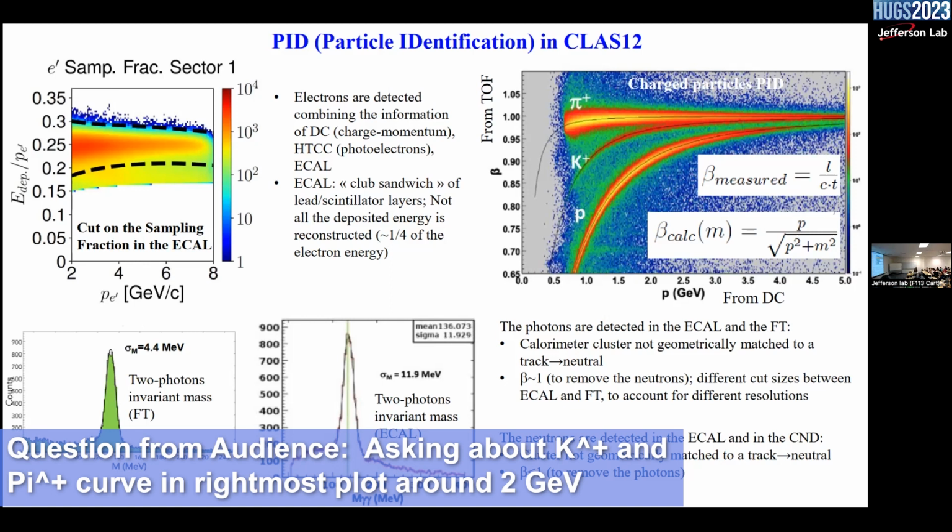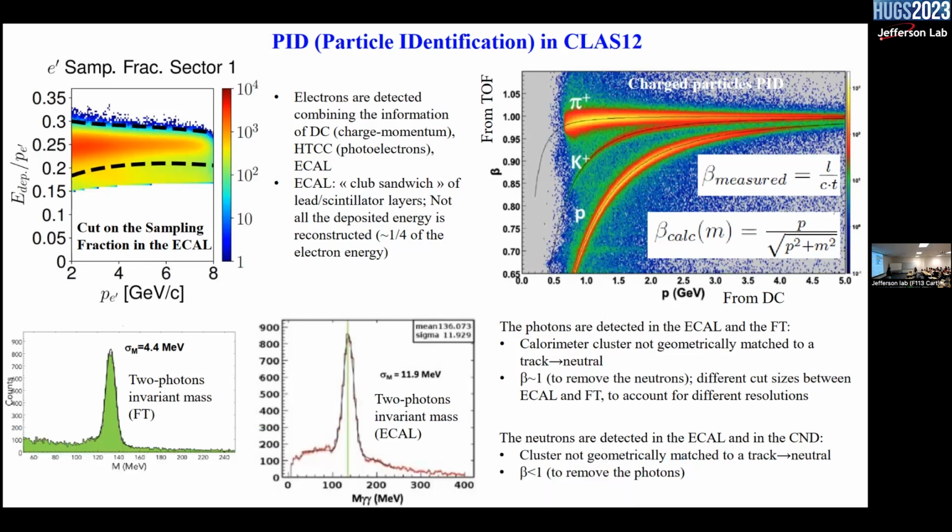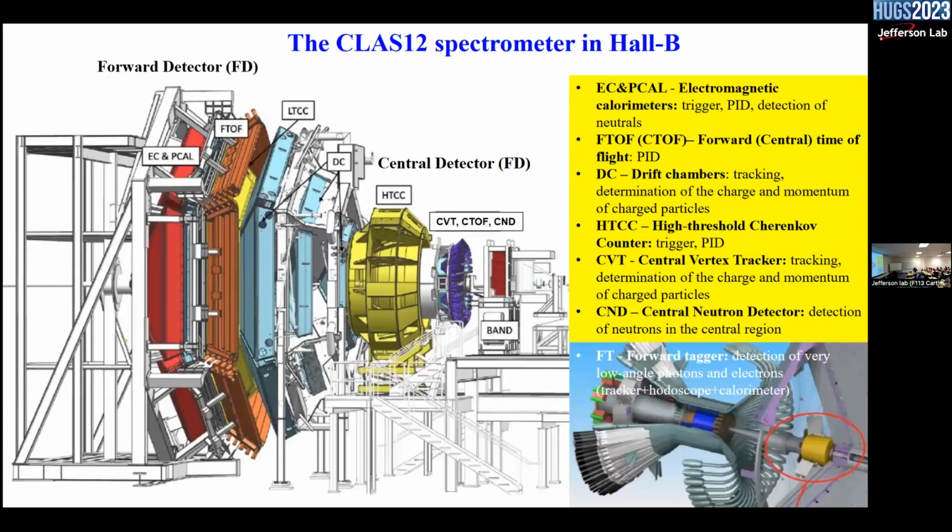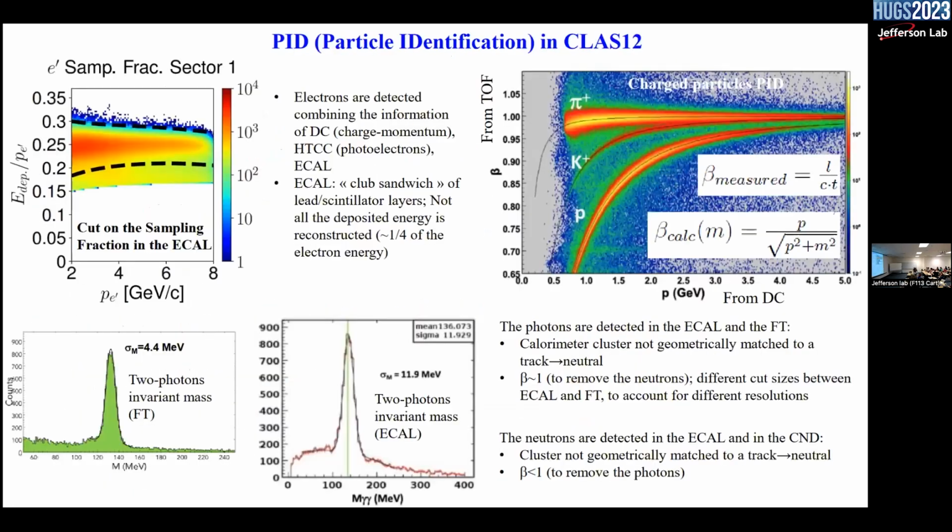Yes, so for the kaons, there is an overlap around 2 GeV, and there are other detectors that are geared for the detection of kaons. That is the RICH, which was not in this image that I showed because it was added afterwards. The specific goal of the RICH is that of separating pions and kaons in the region of overlap of the time of flight.